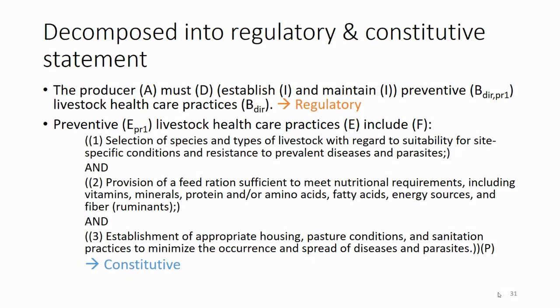The producer must establish and maintain preventative livestock healthcare practices, which in itself is a complete regulatory statement, and a separate statement that suggests that the preventative livestock healthcare practices include the following properties, which is a constitutive statement with the decomposition of the properties, of course, in an unambiguous form, and does not, at least at this stage, contain any remnants of the regulatory nature.